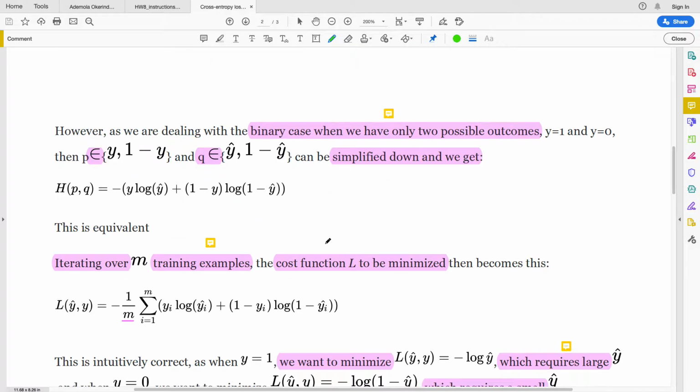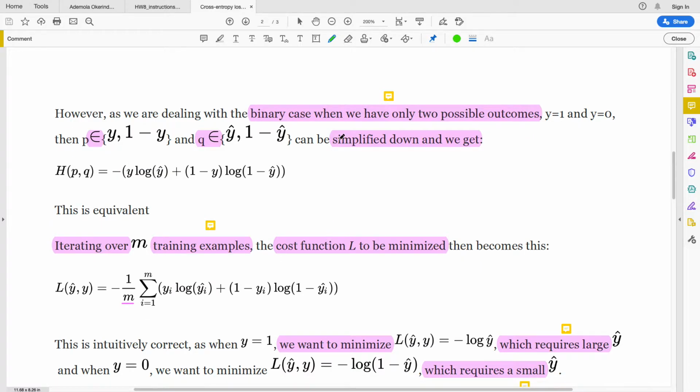When we're dealing with a binary case, P can only take numbers from 1 and 0, and likewise Q. So we say that P can take values from the set y and 1 minus y, and Q can take values from the set y hat and 1 minus y hat.